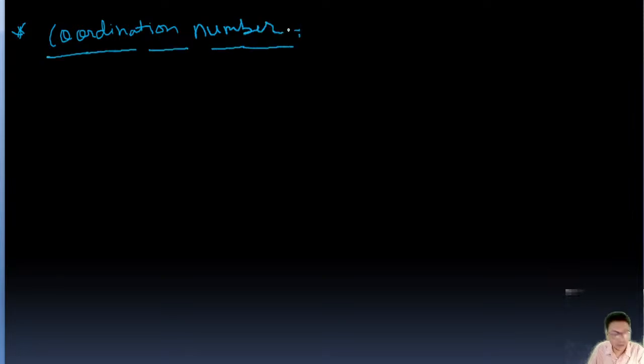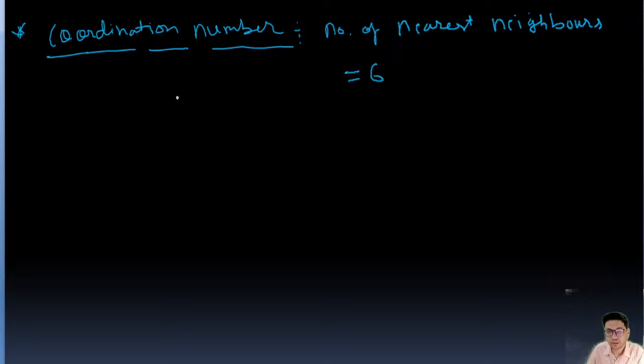Coordination number is the number of nearest neighbors. And it is 6, guys, for simple cubic.